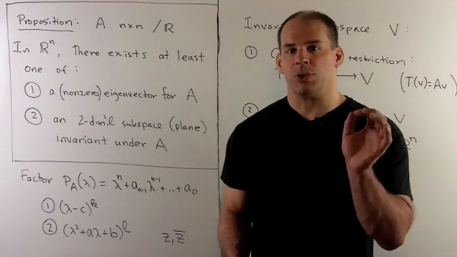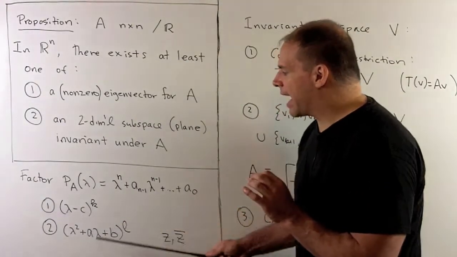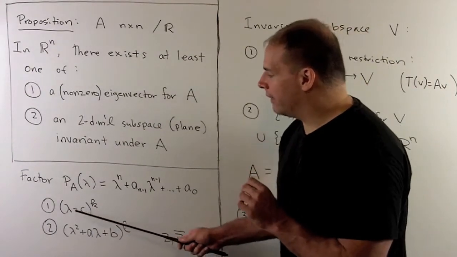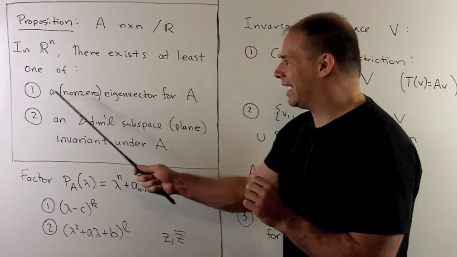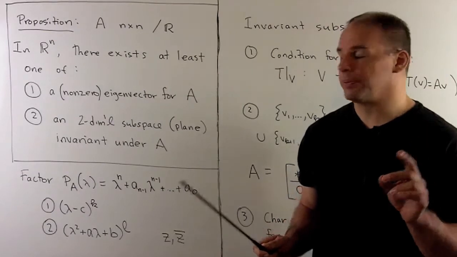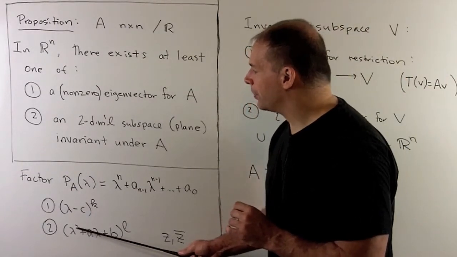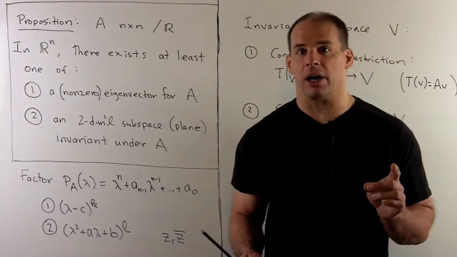Now, the reason we bring this up is you want to pay attention to how these factors show up in our proofs. If our irreducible factor has an exponent of 1, then I get an eigenvector, a one-dimensional invariant subspace. If I have an exponent of 2, then we're going to wind up getting a two-dimensional subspace that's invariant.